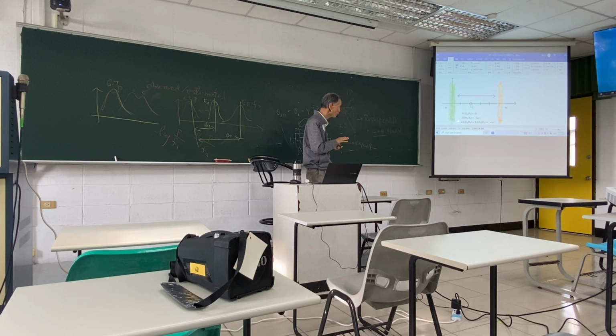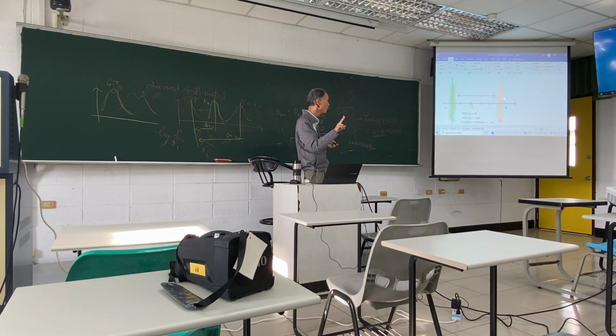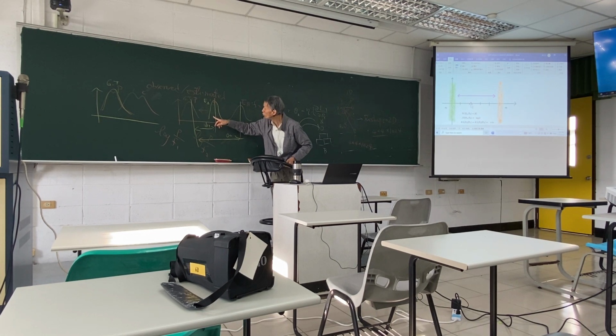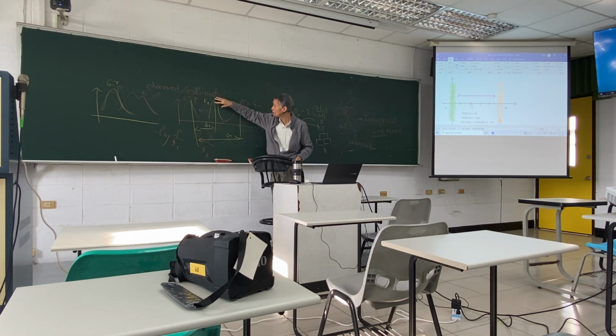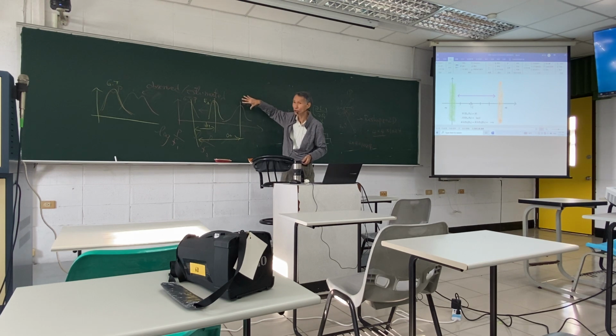If you want, you can take it off. Anyway, if the two distributions are so far away from each other with no overlap, then the value is always log 2. Here's another measure called JS measure, and it is also log 2.